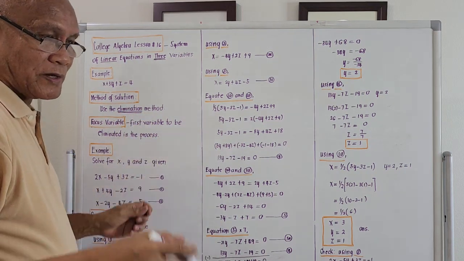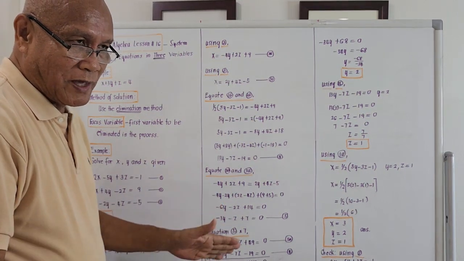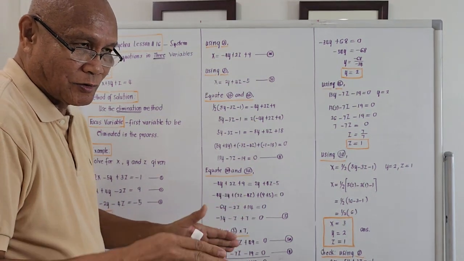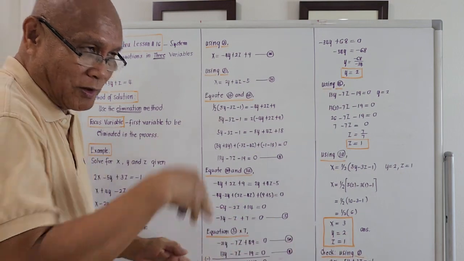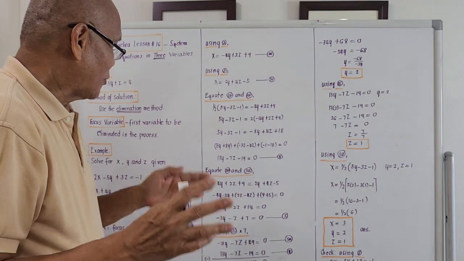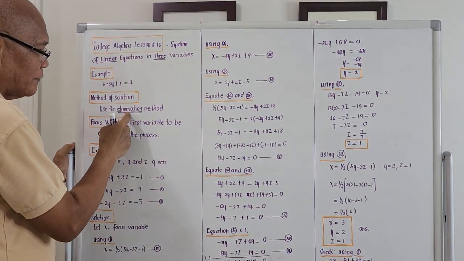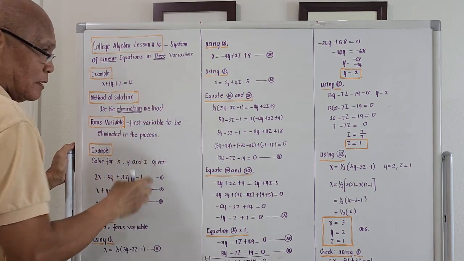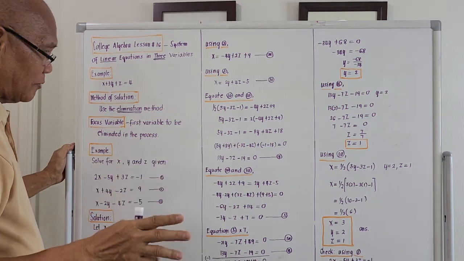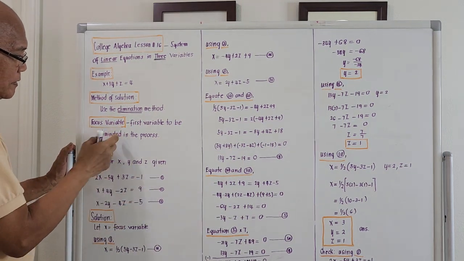There are advanced solutions for this, but for the meantime, we will not be discussing those advanced solutions. That will be another topic maybe. But for tonight, I will be discussing the method of solution which is the so-called elimination method. Let's try to bring out a focus variable.